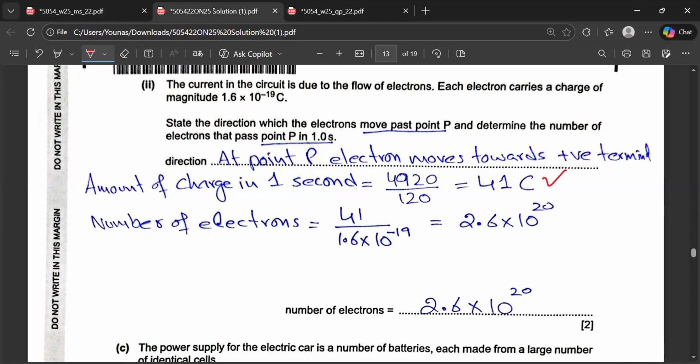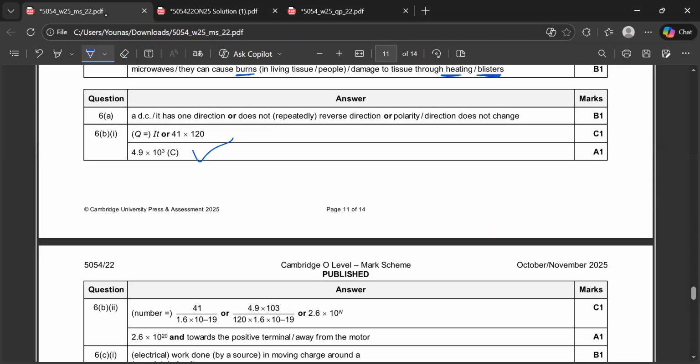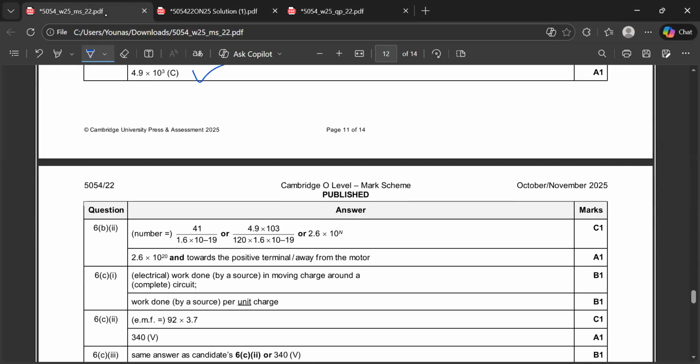So the number of electrons is the amount of charge divided by the charge on one electron: 41 divided by 1.6 × 10^-19. Just do this calculation on your calculator. You will get 2.6 × 10^20. So this many electrons are flowing there in 1 second.